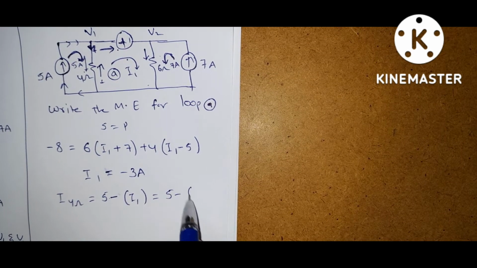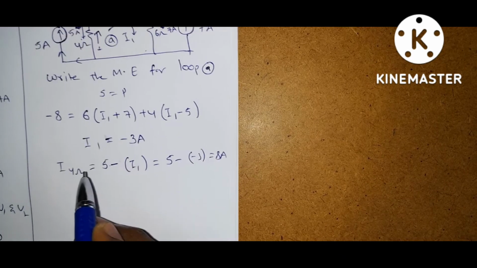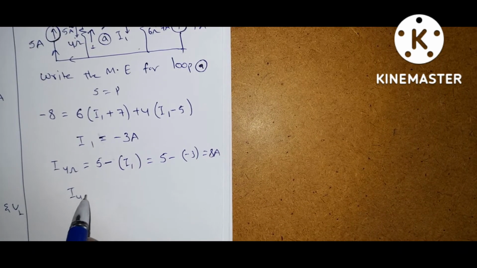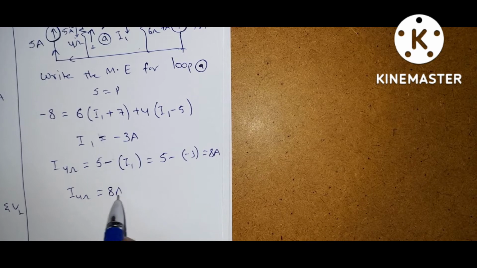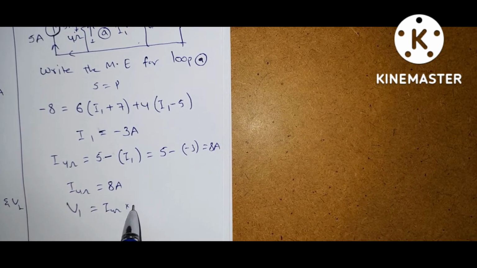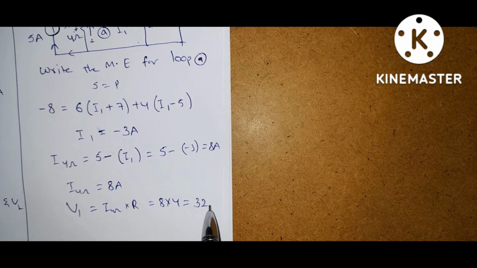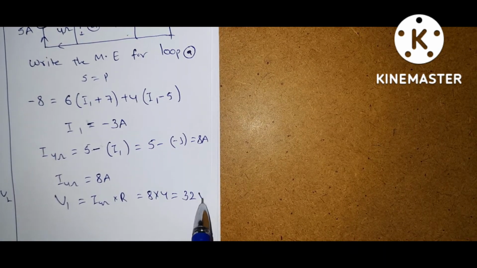That is 5 minus I1, which is 5 minus minus 3, so it is 8 amps. So I4 ohm is equal to 8 amps. So V1 is equal to I4 ohm into R. This is 8 into 4, you will get 32 volts.